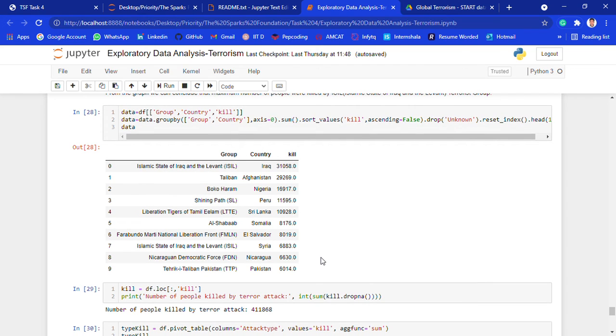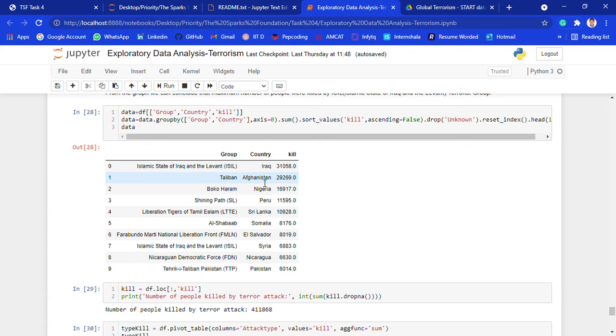In this analysis I am trying to figure out which groups and which countries, and how many people were killed there. So ISL, which is active in Iraq, has killed around 31,000 people, and the Taliban is currently in Afghanistan. I think that's very devastating for us.